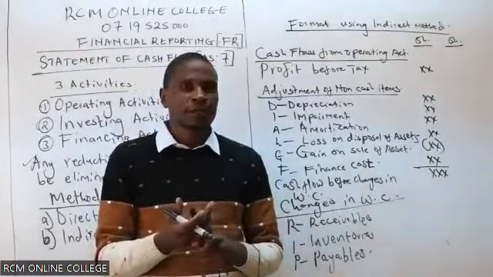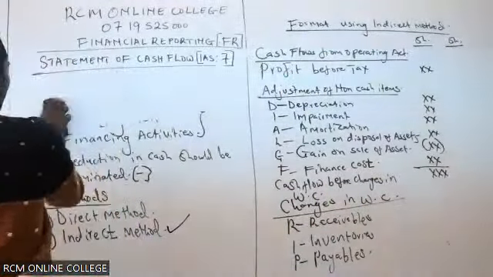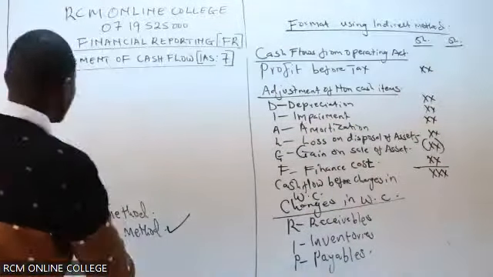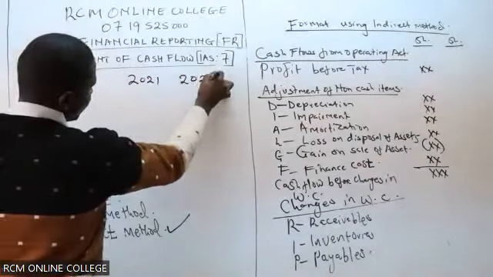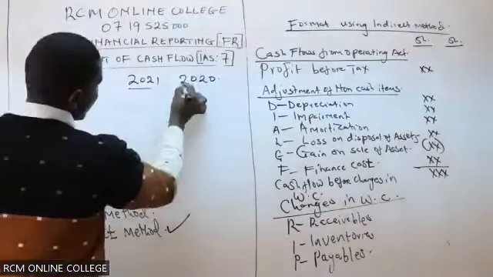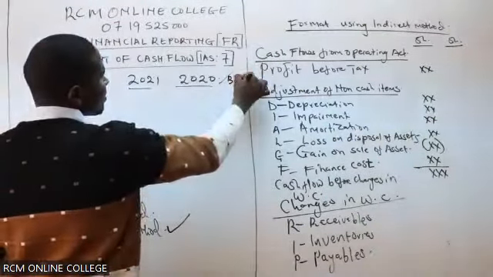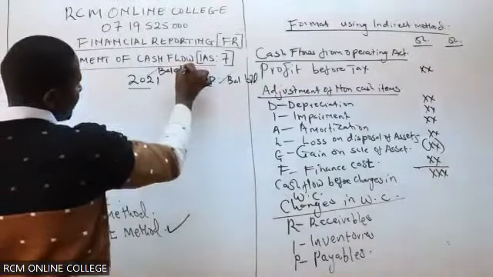So you check. For example, I have year 2021 and 2020. This is the current year and the previous year. This stands for the balances that were brought down, and this is for balances that are carried down.